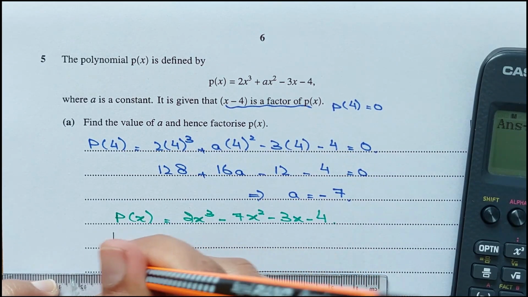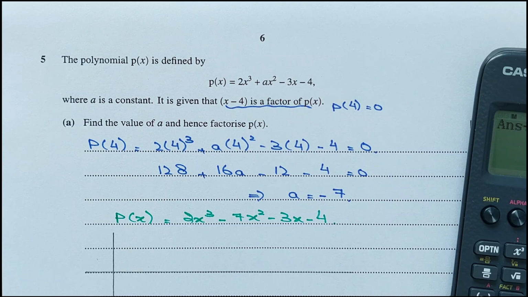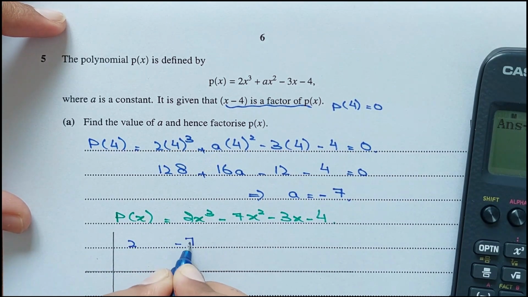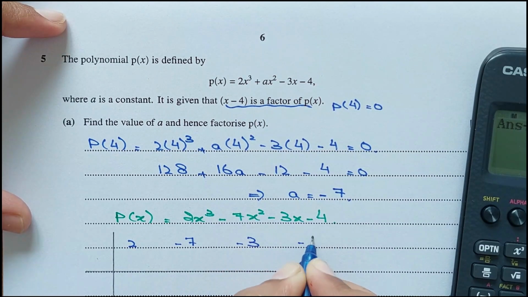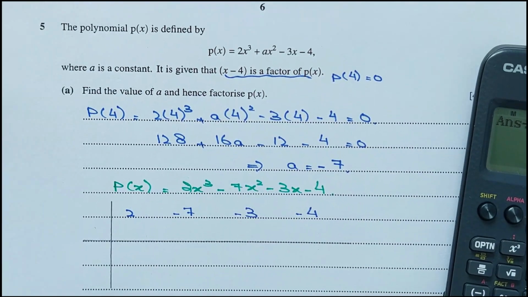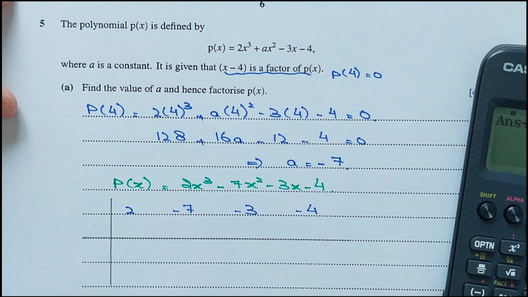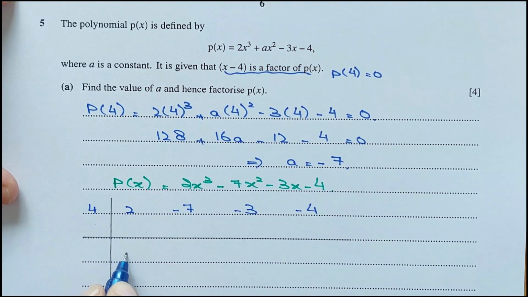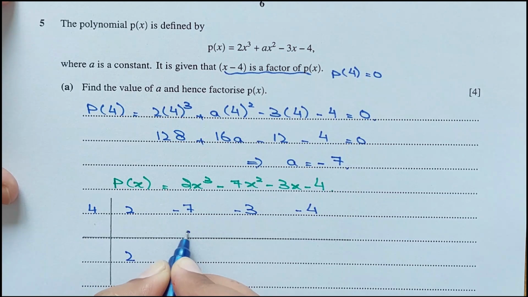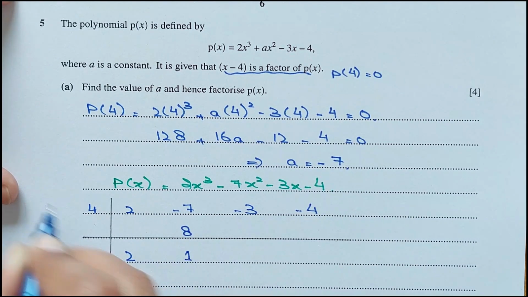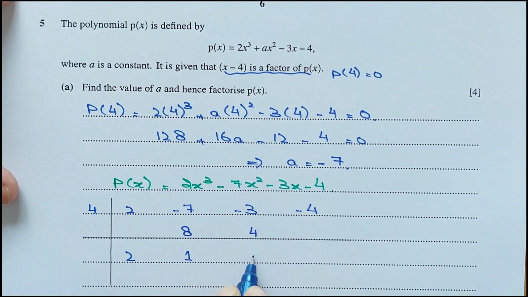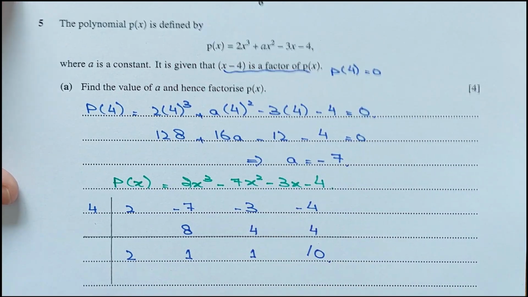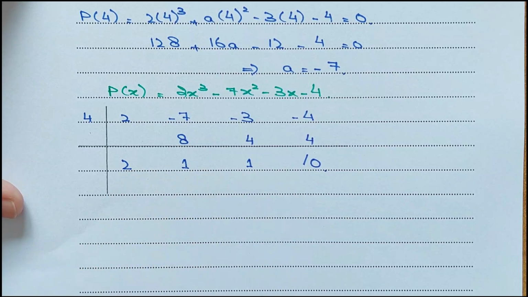Let me write down the coefficients of x cubed, x squared, x, and the constant term, right? We are given that x minus 4 is a factor of this polynomial. So we have 4 here, bring the 2 down. 4 times 2 is 8. This is 1, 4 times 1 is 4, this is 1, 4 times 1 is 4, and this adds up to 0. Now these are the coefficients for the quadratic.